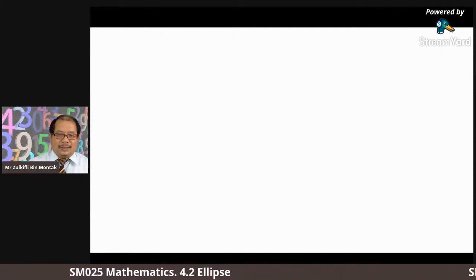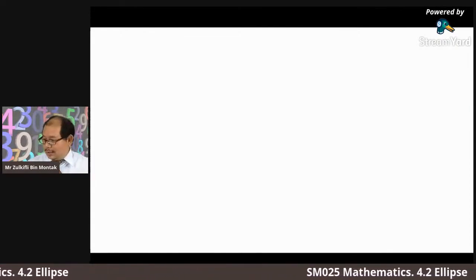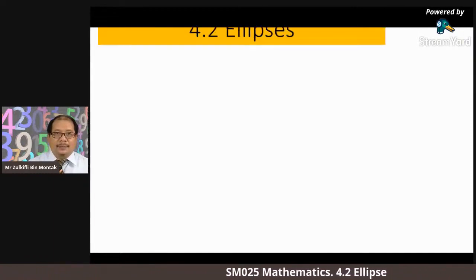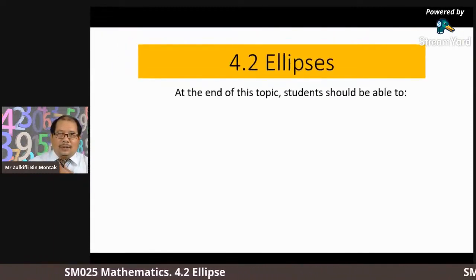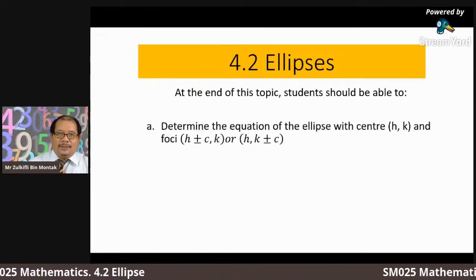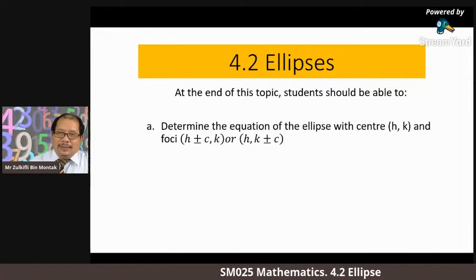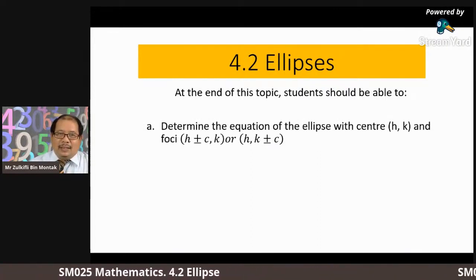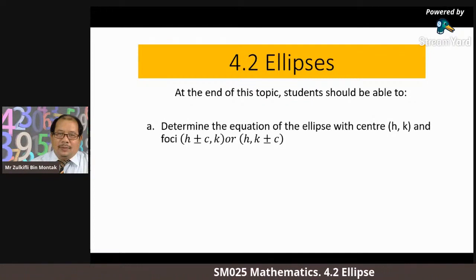How are you today? Today we enter 4.2, the ellipse. Our objectives today: first, determine the equation of an ellipse with center (h, k) and foci (h ± c, k) or (h, k ± c).